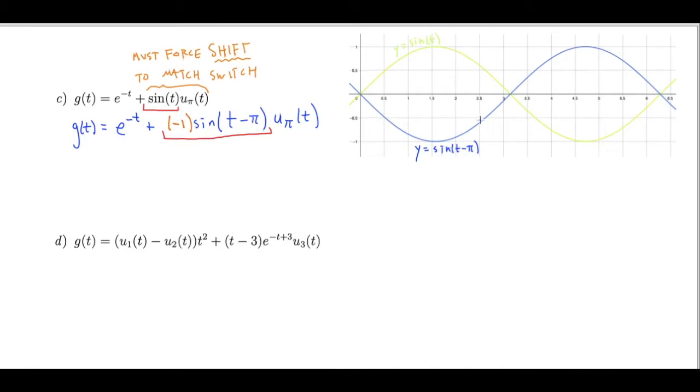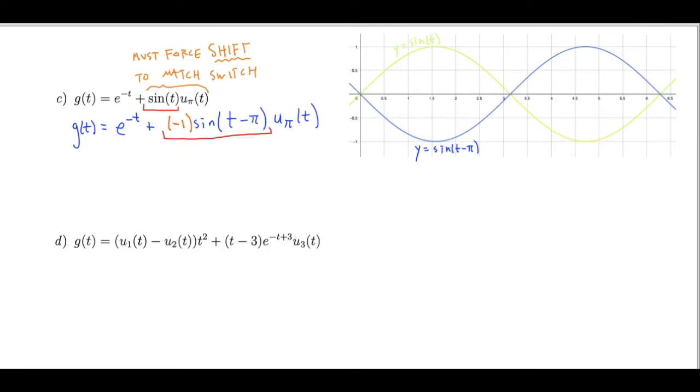So if I take this blue function, sine of t minus pi, multiplied by -1, that would reflect it across the x-axis, or the t-axis, and that would be equivalent to the function that I'm actually dealing with. This is an example of the type of modification you need to do in order to get this function to be shifted by the same amount that our switch corresponds to.